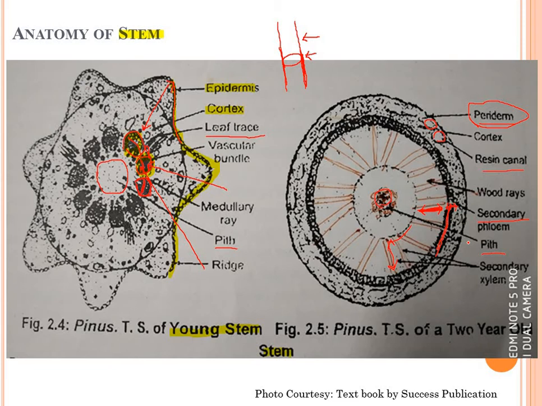Therefore this type of wood is useful for formation of timber, because secondary xylem and secondary phloem provide toughness or hardness to that wood, and we use it for making furniture, doors, windows, bridges, etc. This is all about the anatomy of stem.